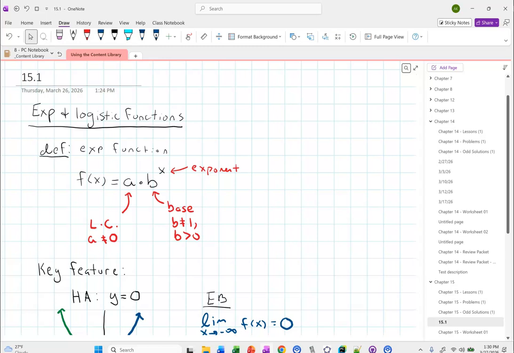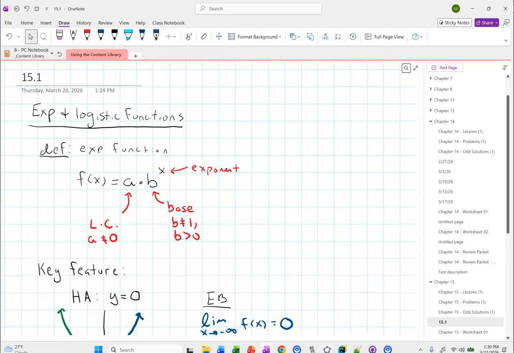It's the same as a square root. Can I square root a negative? No. What do I get if I try to square root a negative? An imaginary number. So if I allowed a negative for b, I would have infinitely many discontinuities, and that's just an incredible nightmare. I don't want any part of that. That's not at all what we're trying to describe here.